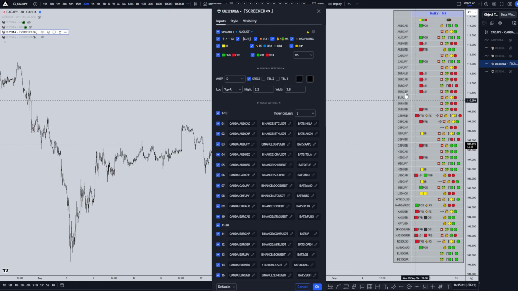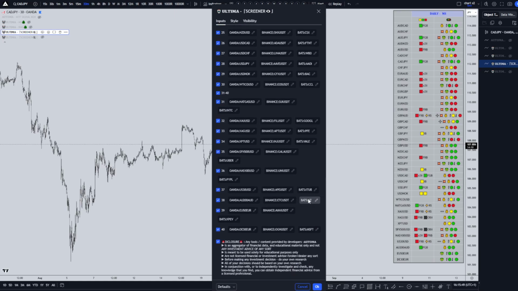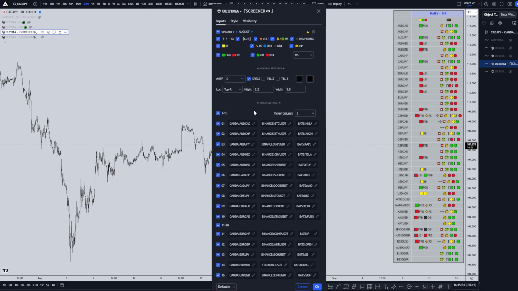So give it a minute or so, it's going to load in, and it's going to basically screen all the stock pairs which you have saved here. So that basically allows you, by changing the ticker column 1, 2, 3, in total to screen 120 markets if you want.